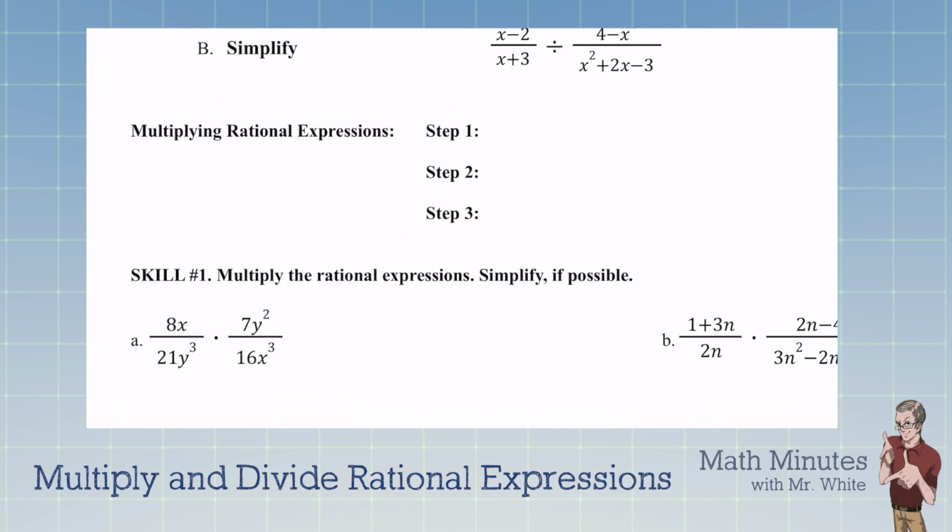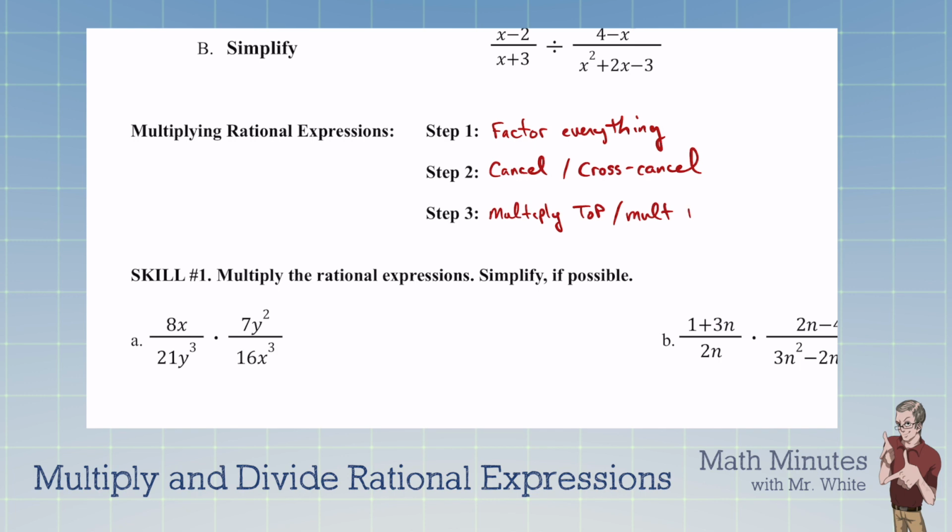So step one is to factor everything if there is anything to factor. Then you cancel and also cross cancel, as you'll see today. And then the third step is to multiply the top and multiply the bottom.